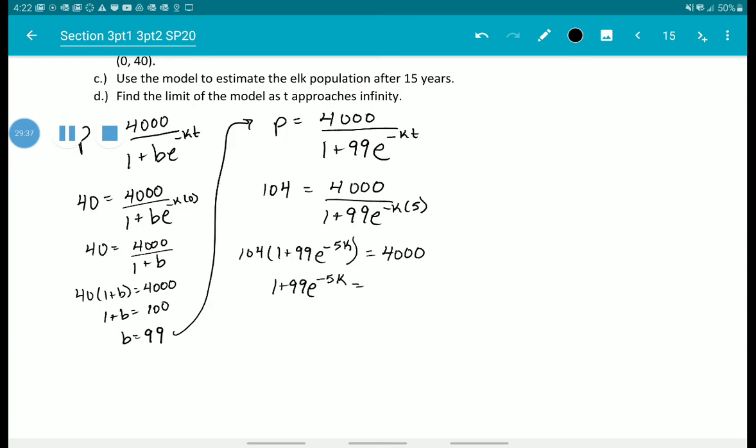So we have 4,000 divided by 104, subtract 1, divided by 99.